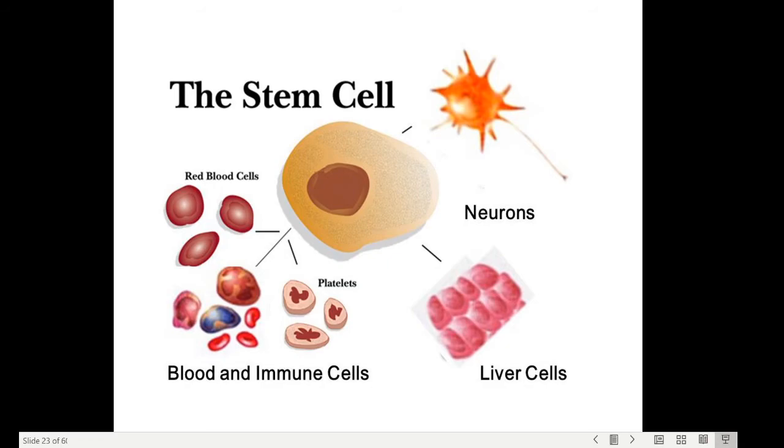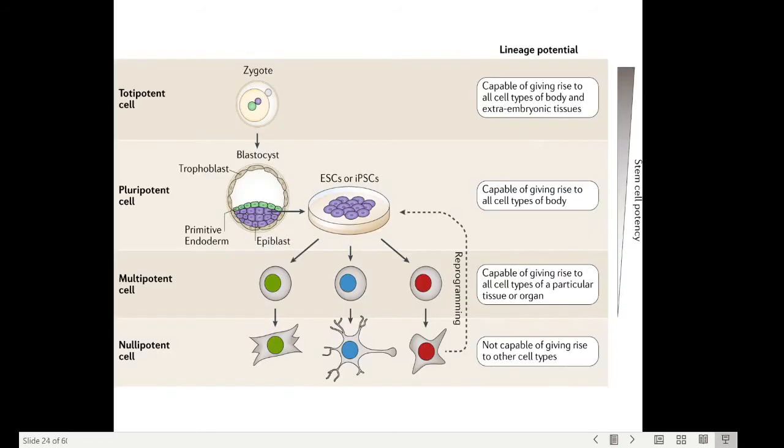Here one cell can be developed into blood cells, neurons, liver, everything. In stem cell development, we have 4 different steps: totipotent cell, pluripotent cell, multipotent cell, nullipotent cell. Okay, what is the cell? How is it grouped, how is it classified?